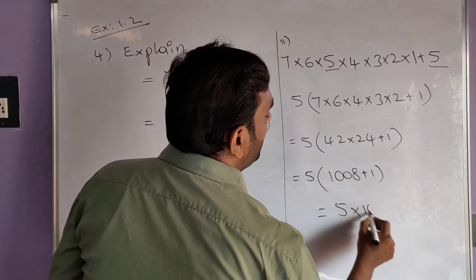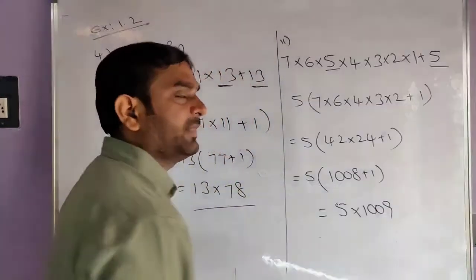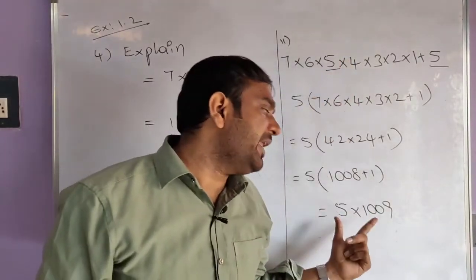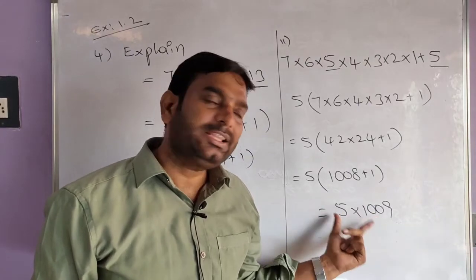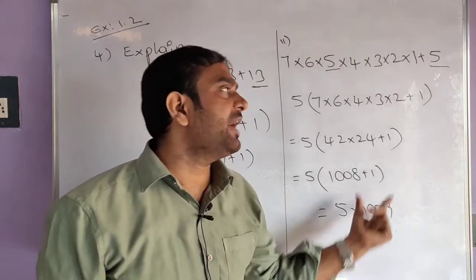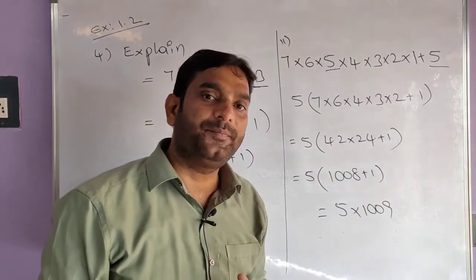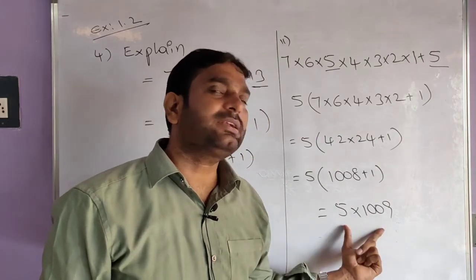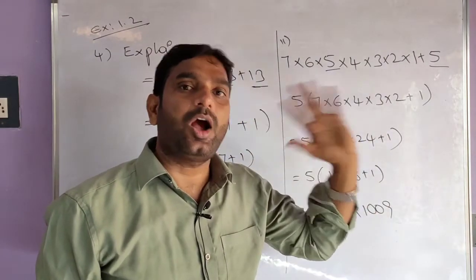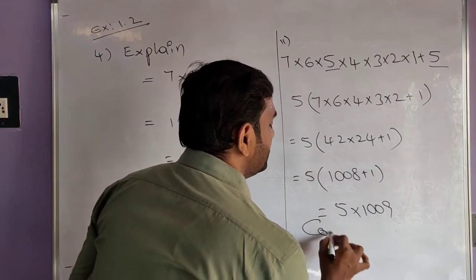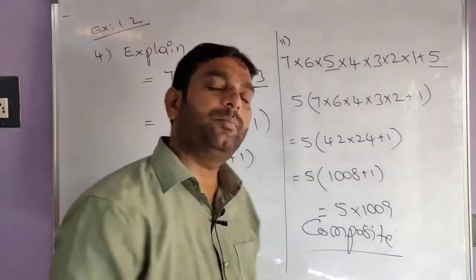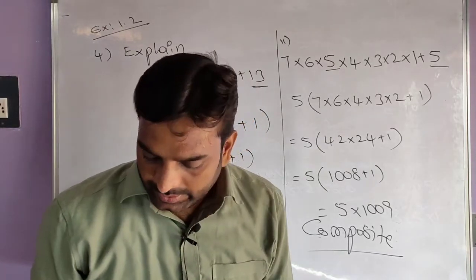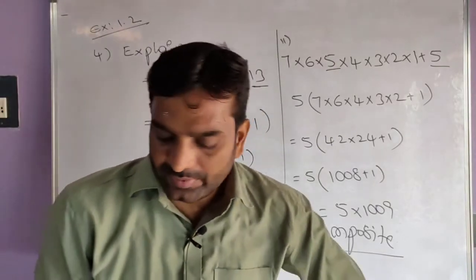So 5 into 1009. This number is written as a product of 5 and 1009. These two are the factors of the given number. If these two are the factors, then the given number is a composite number. That's it.